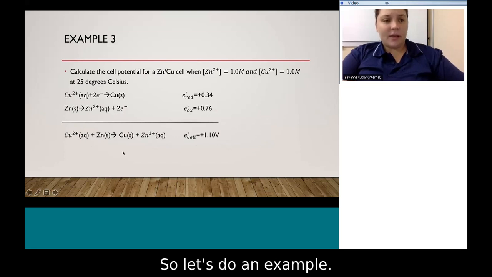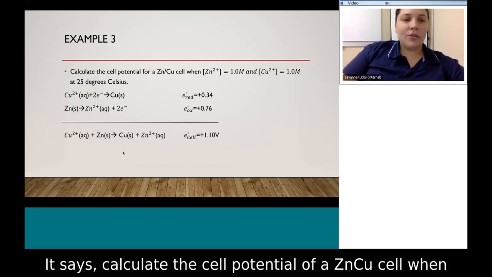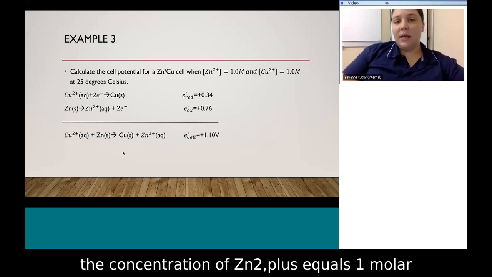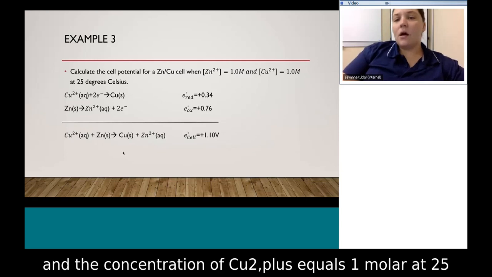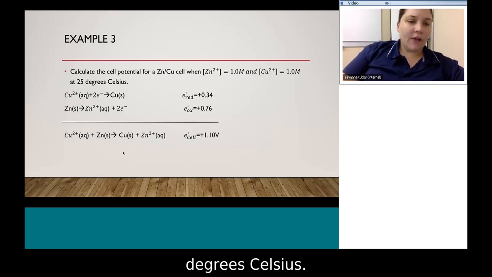So let's do an example. It says calculate the cell potential of a Zn-Cu cell when the concentration of Zn2+ equals 1 molar and the concentration of Cu2+ equals 1 molar at 25 degrees Celsius.